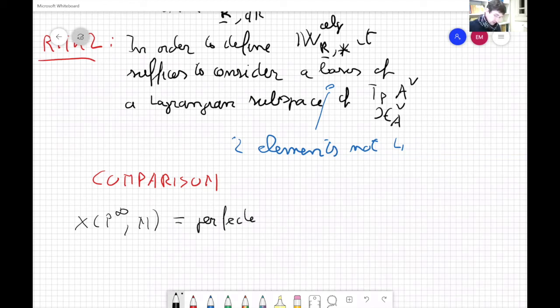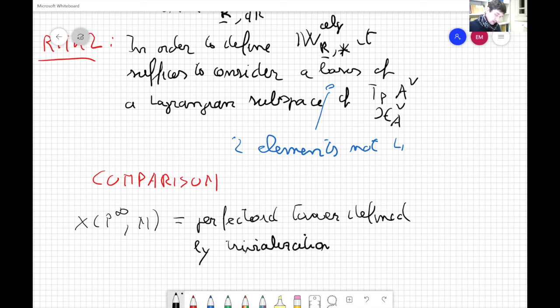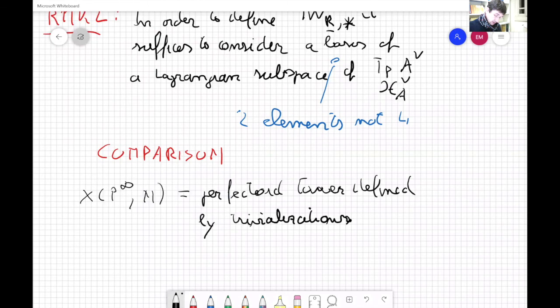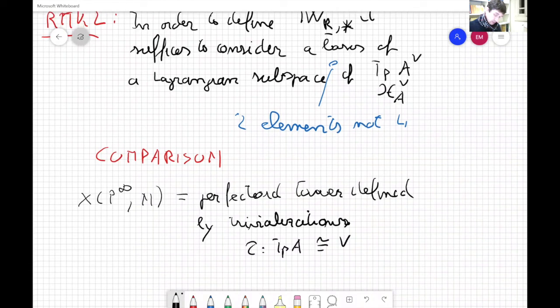So this is the perfectoid tower, which is defined at the toroidal level by trivializing symplectic trivializations T_p A isomorphic to V_p. Okay, so that's the full Galois cover of X_N through GSp.